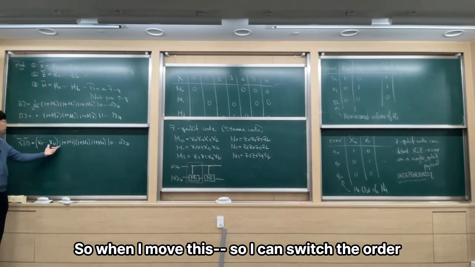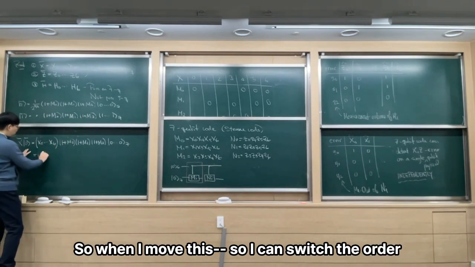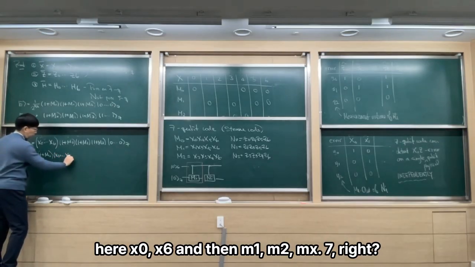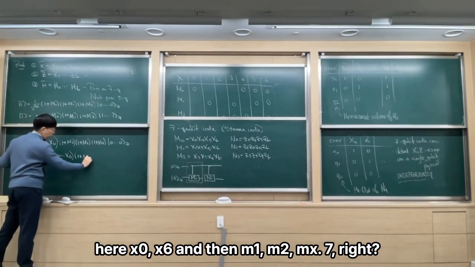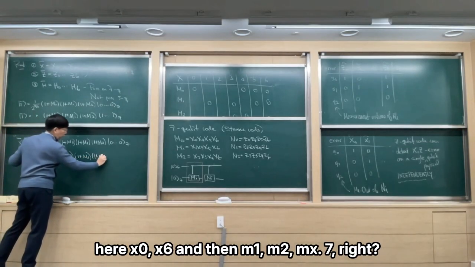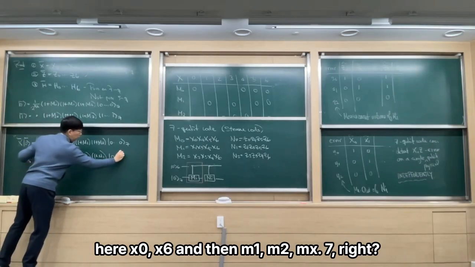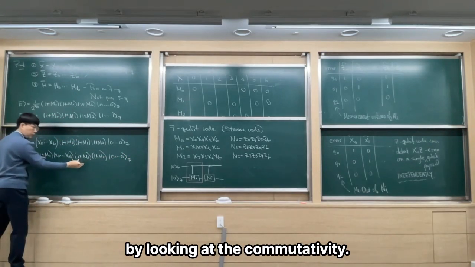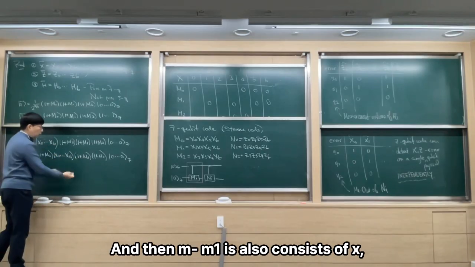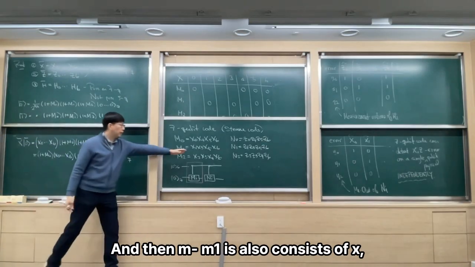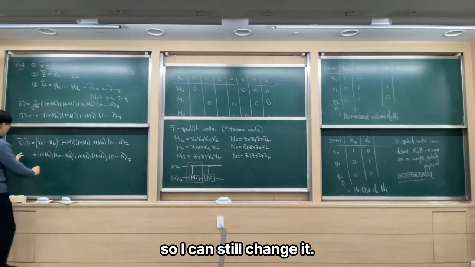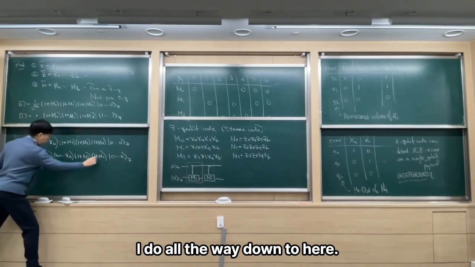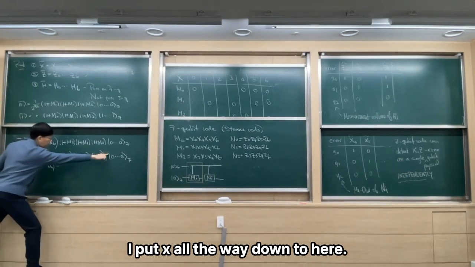So when I move this, I can switch the order here. X0, X6, and then M1, M2, 7, right? And then I switch the order of these two by looking at the commutativity, and M1 also consists of X, so I can still change it. So what I do is I go all the way down to here. I put X all the way down to here.